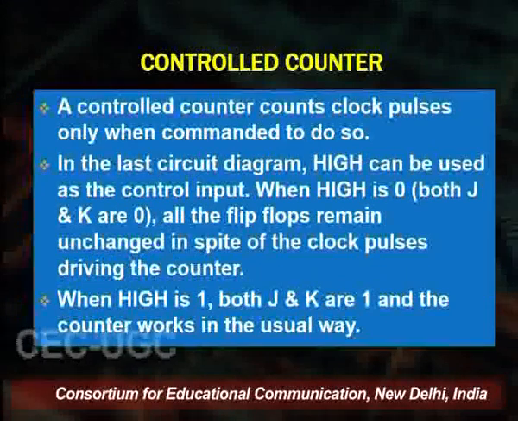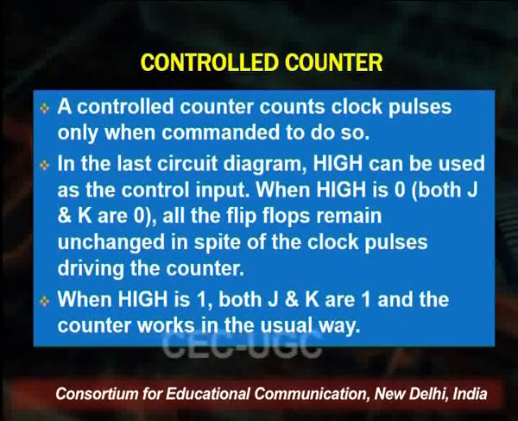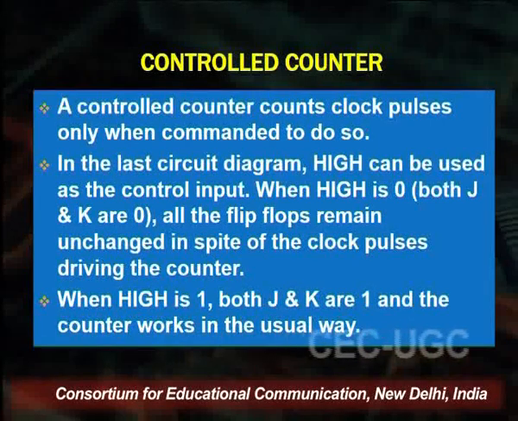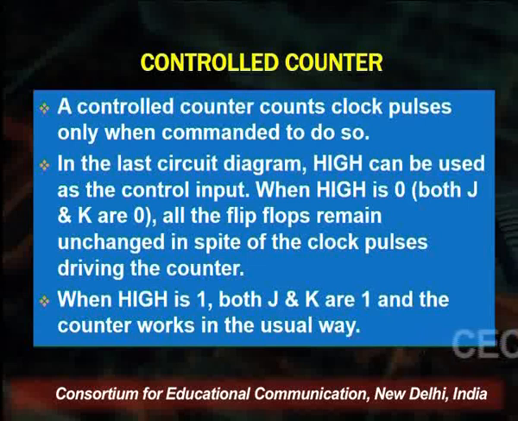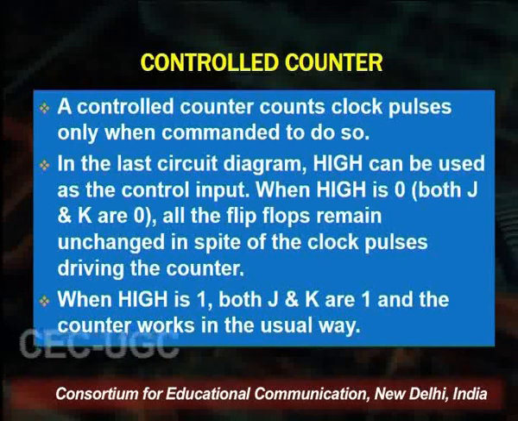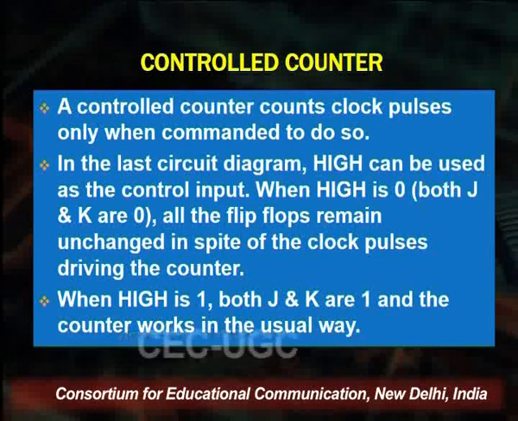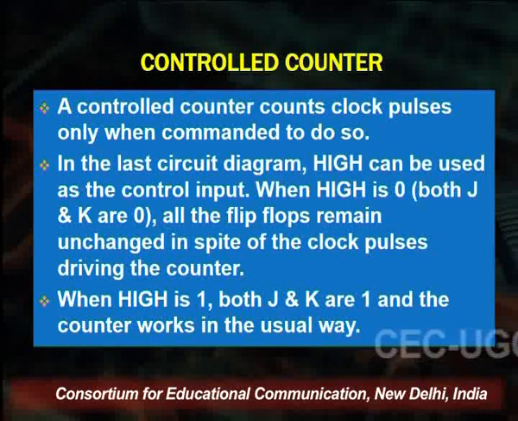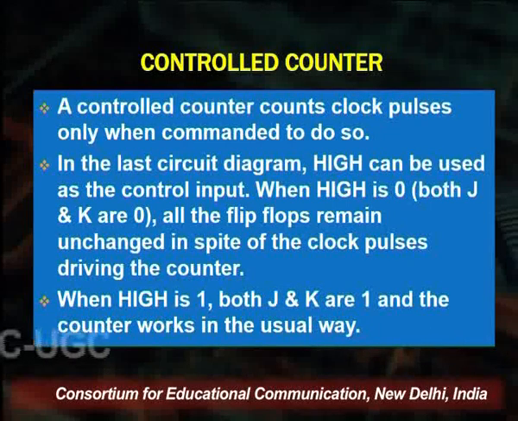So there is a need to make a controlled counter, because the circuit we were looking at and discussing was operated manually. Now we want it to be automatic. Again, the genesis of artificial intelligence is built into the circuit right from here.